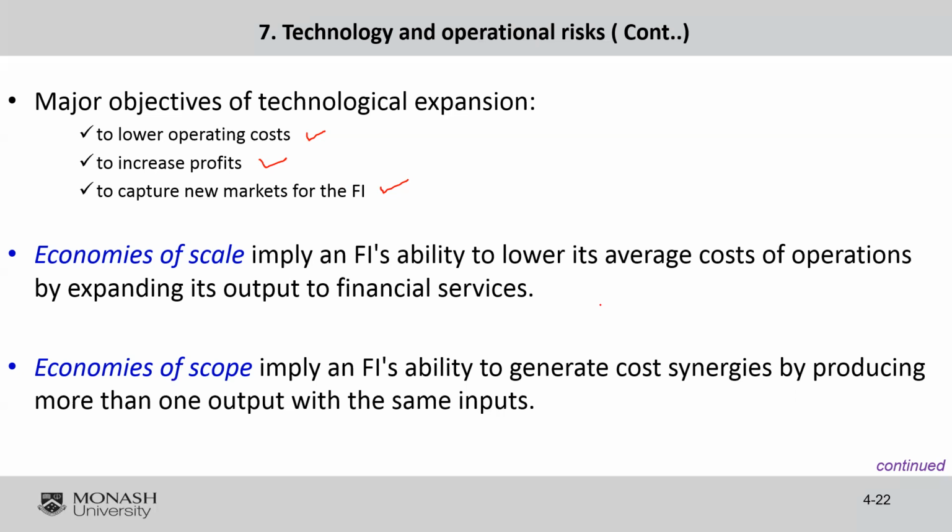But economies of scope imply the financial institution's ability to generate cost synergies by producing more than one output with the same inputs. And this technology actually is very helpful, and this is economies of scope. For example, if I collect information about all those customers that are taking credit cards now, the income, the age, the education of the borrowers, I can now offer them from this database.